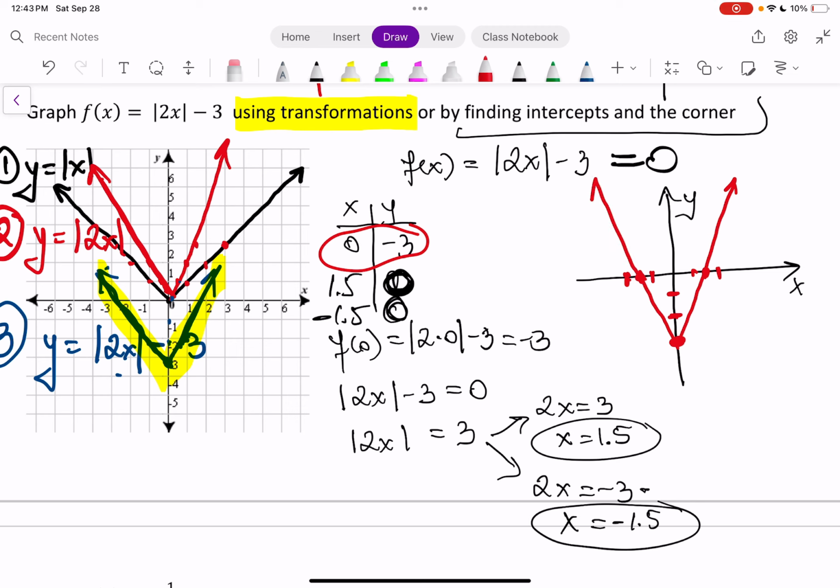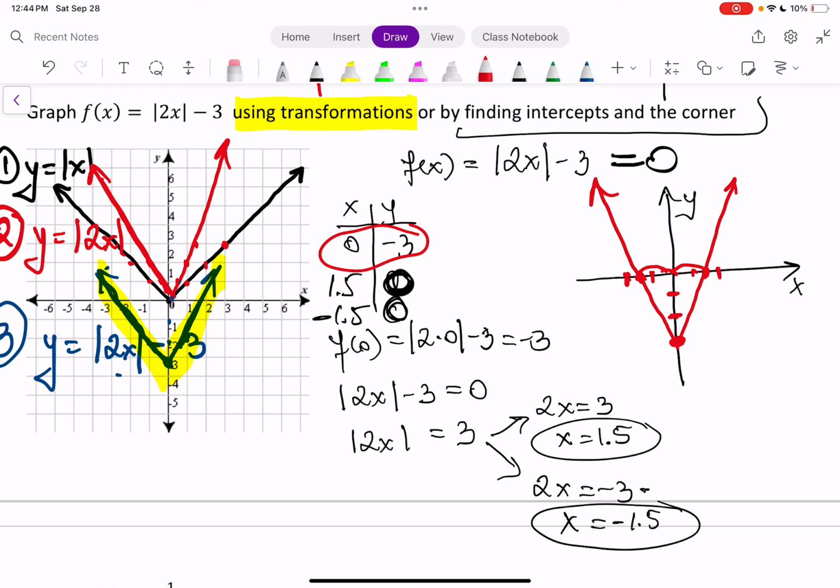Yes, it does. Okay. So halfway between negative 1.5 and positive 1.5 is where you're going to find your corner, and then halfway between negative 1.5 and positive 1.5 is 0. We do have the point when x is 0. So in other words, that is our corner right there.